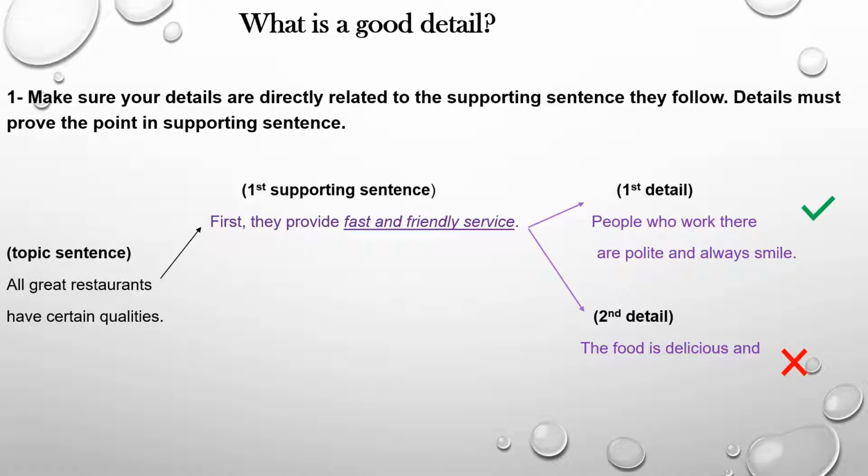What is the first detail? People who work there are polite and always smile. So of course, being polite and smiling all the time is directly related to friendliness of workers there. So this is a very good detail because it's directly giving me more specific details about the supporting sentence.